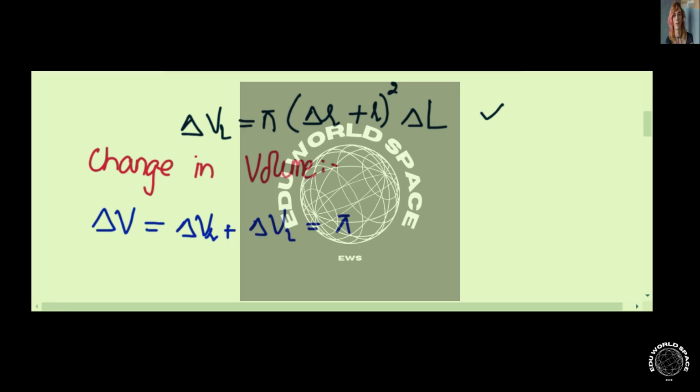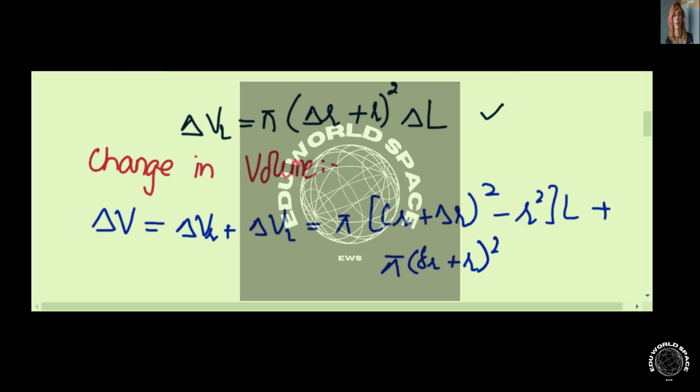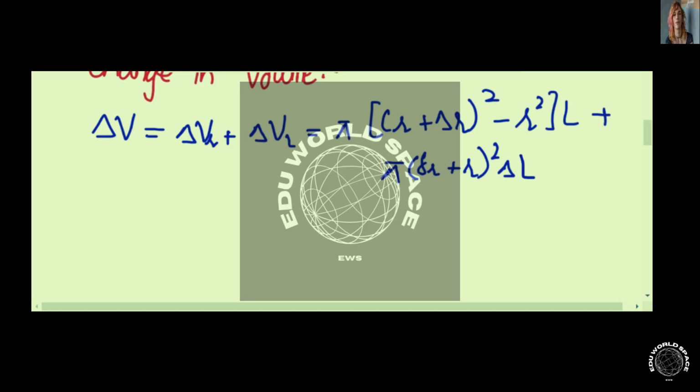This would be pi [(r plus change in radius) square negative the square of the radius] times length, plus pi times (the change in radius plus the radius) whole square and change in length. Now we have all of these variable values, so just plug them in and we'll get our answer.